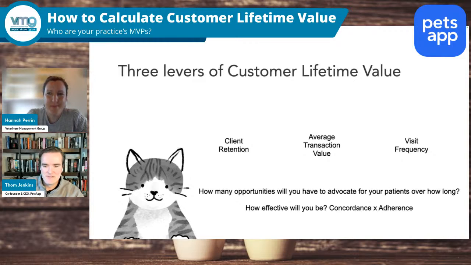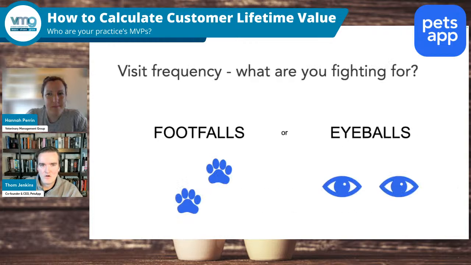So when we're thinking about this, how many opportunities will you have to advocate for your patients and how long? In terms of visit frequency, one thing that we need to think about is, well, what are we trying to get? Are we trying to get footfall? Are we actually trying to get people into our physical premises? Or are we competing for eyeballs? There's been a lot of talk about eyeballs and clickbait and all this sort of thing.